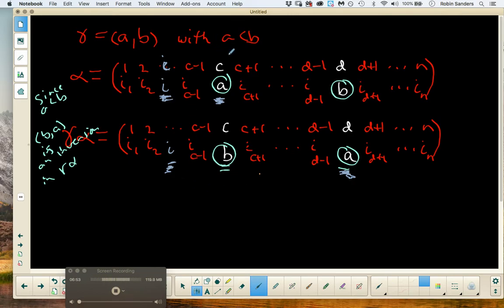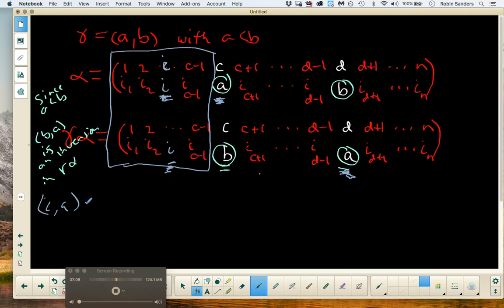So for things over here with A, IA is an inversion in alpha if and only if IA is an inversion inside first do alpha, then do gamma.